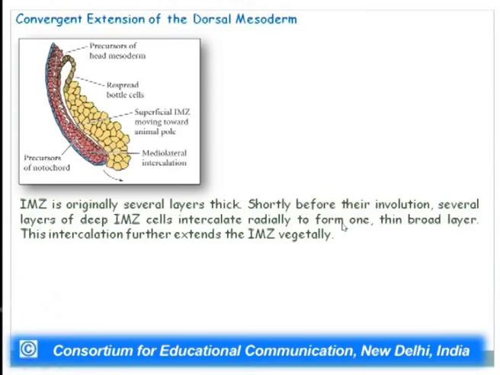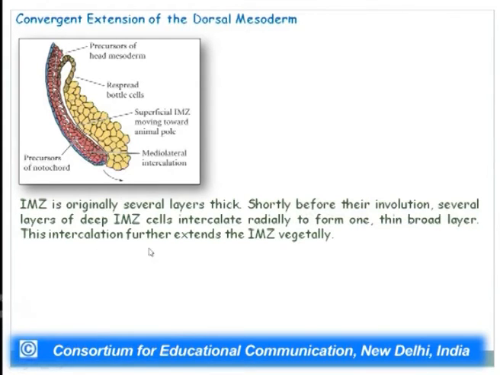The involuting marginal zone to start with is many layers thick, but then these layers get arranged and become a single layer. Such intercalation is termed radial. So, shortly before their involution, several layers of deep IMZ cells intercalate radially to form one thin broad layer.